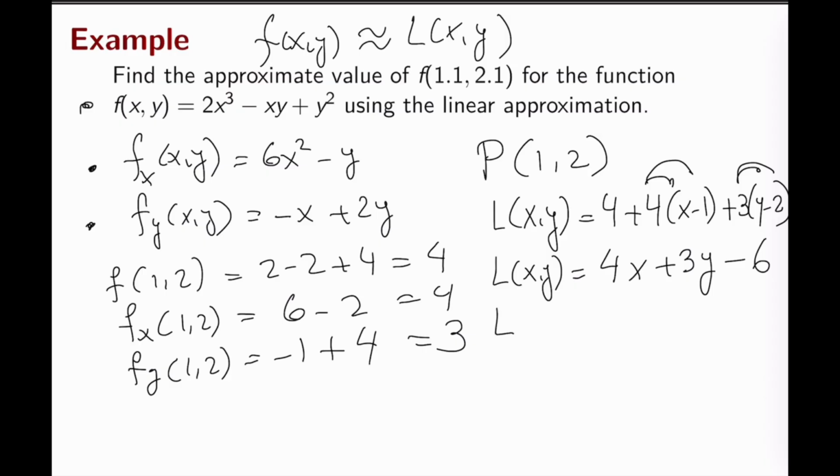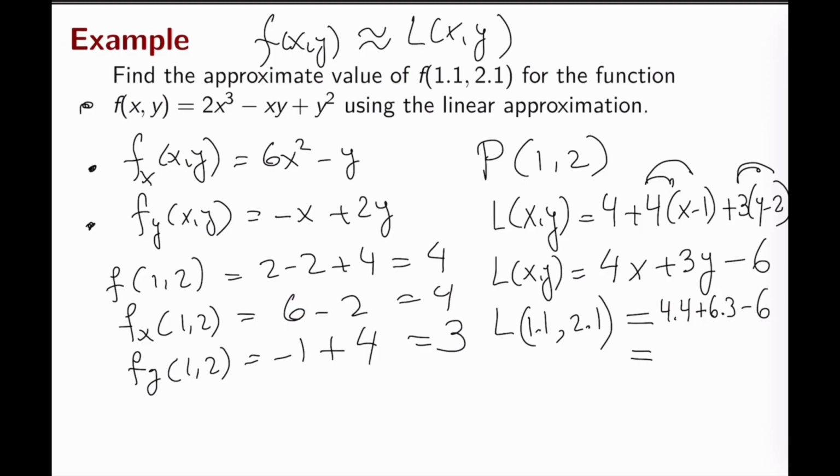So let's do that. Let's evaluate now at the point (1.1, 2.1). This is going to be equal to 4 times 1.1, which is 4.4, plus 3 times 2.1, which is 6.3, and minus 6.